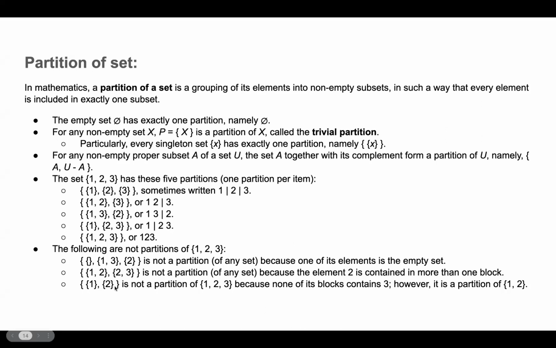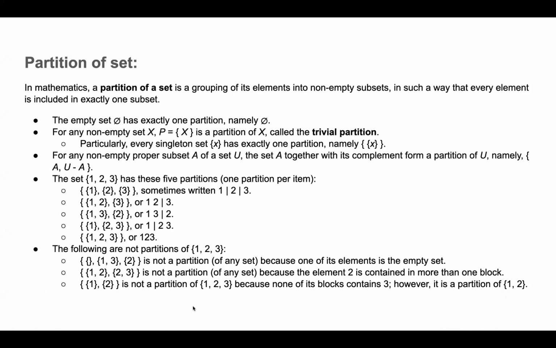Then {1} and {2} is also not a partition of {1, 2, 3} because none of its blocks contains 3. However, it is a partition of {1, 2}. Why is it not a partition?